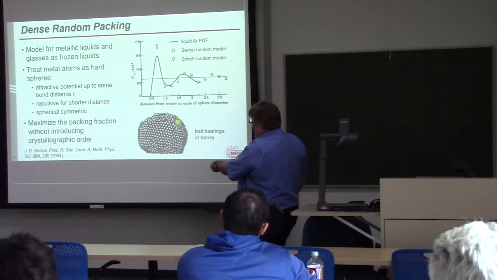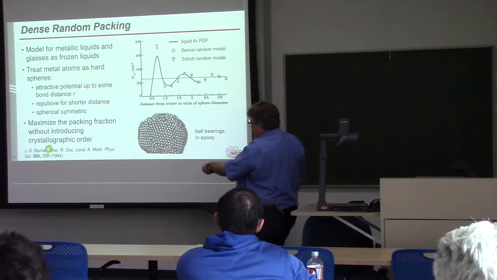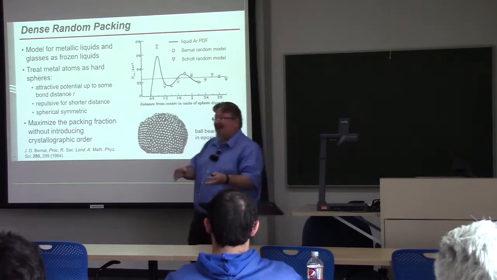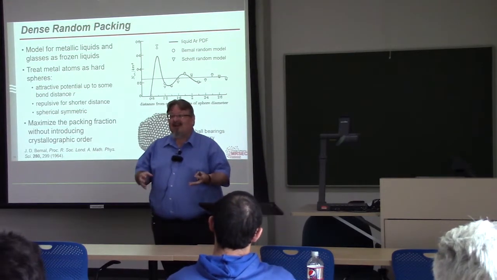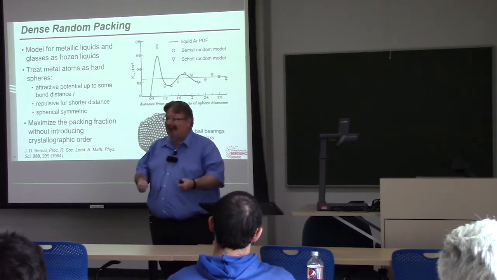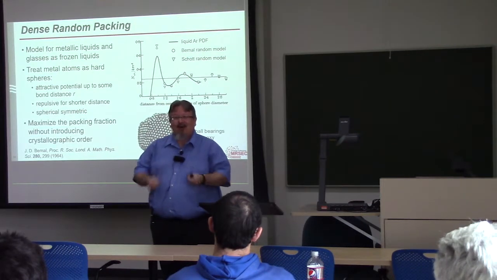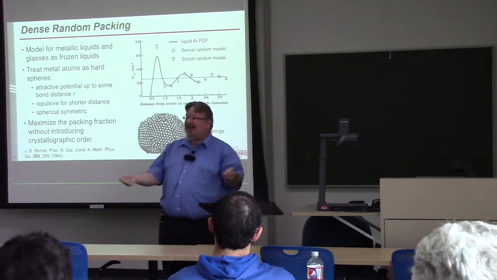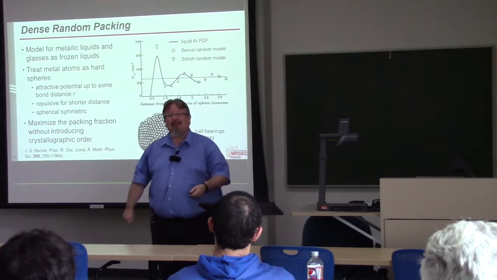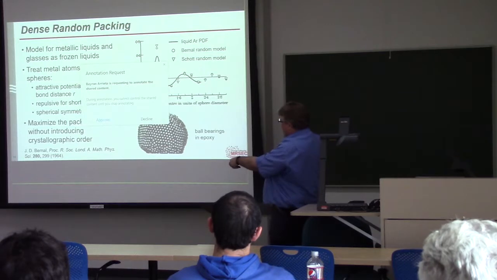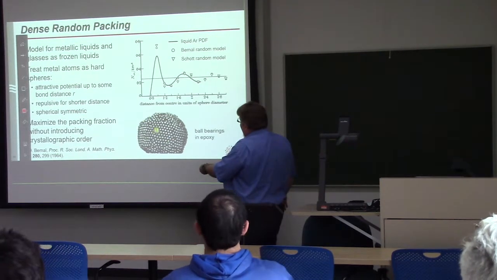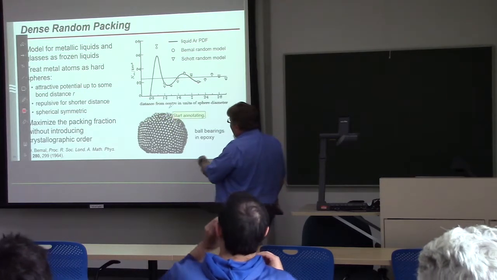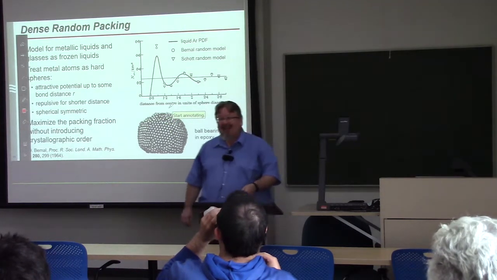This is a model of a dense random packed solid by Bernal, published in 1964, which was created by taking a bunch of ball bearings, putting them in a rubber bag, shaking the bag really hard, and then filling it with epoxy, letting it cure, and peeling the bag off. And you can see that there are some ordered regions that are from the order imposed by the surface of the bag.